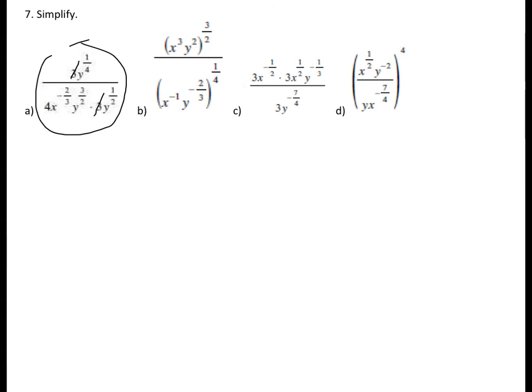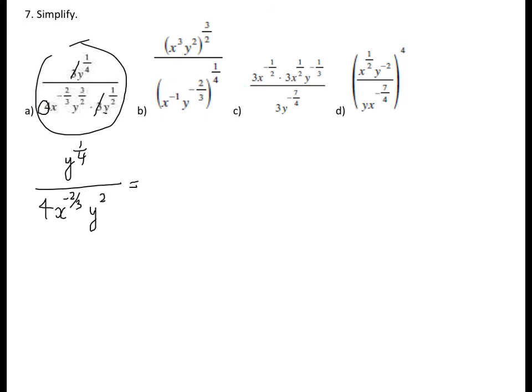Then I'm going to write the numerator as y exponent 1 over 4 divided by, now I have a 4 here. Now I have only x, so I'm going to write x exponent negative 2 over 3. And then y's, because the bases are the same, I can add exponents. So I'm going to get y exponent 3 over 2 plus 1 over 2 is going to give me 4 over 2, which is 2.